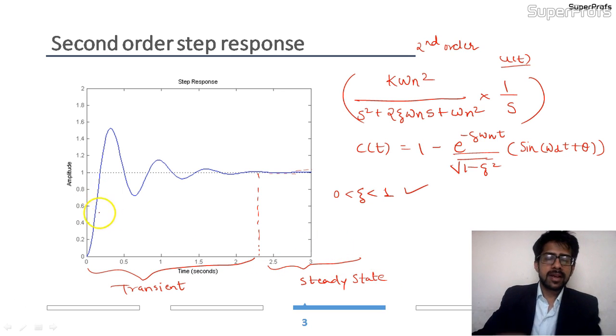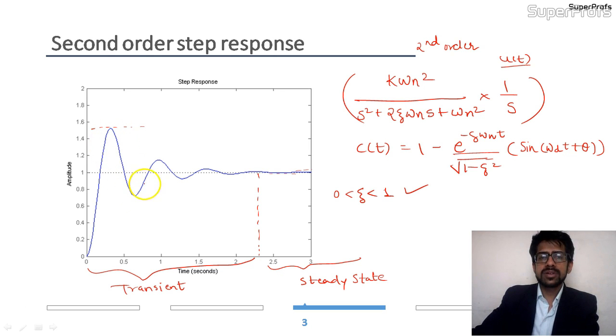Now, by looking at this particular diagram, we can easily say that the transients are important in the second order response. As you can see, there is a maximum value which is attained by the output.